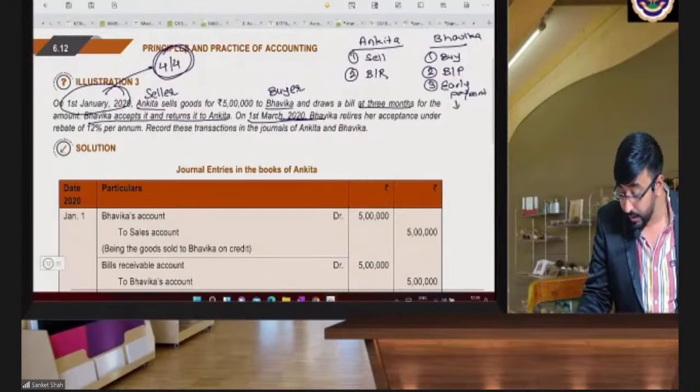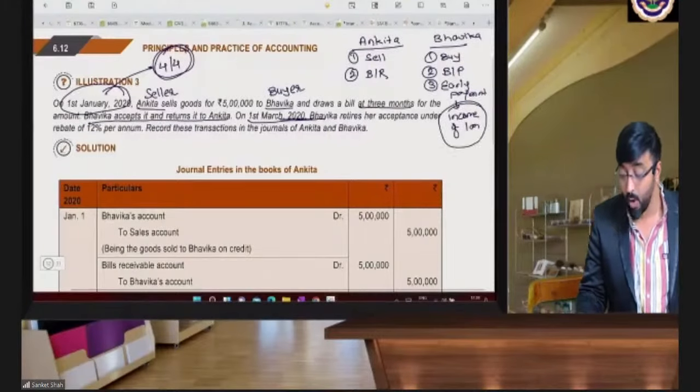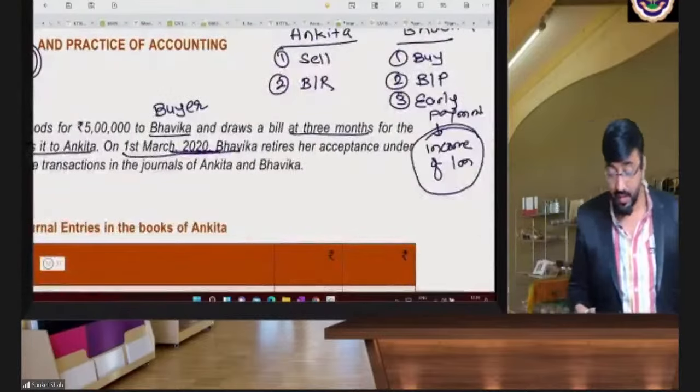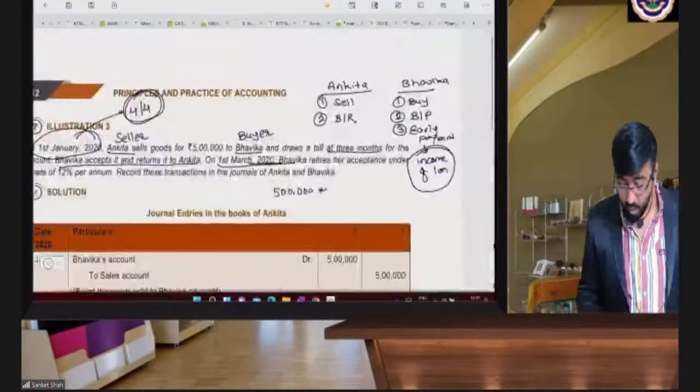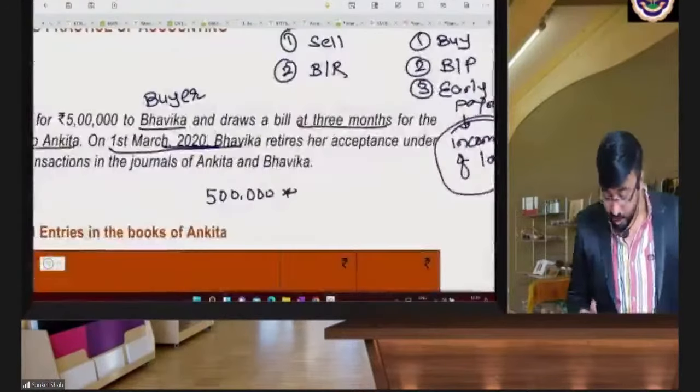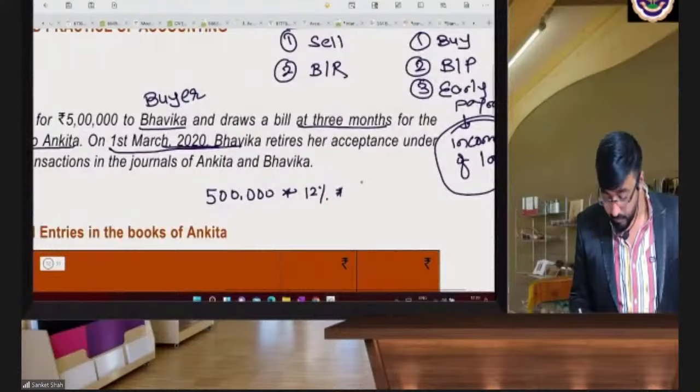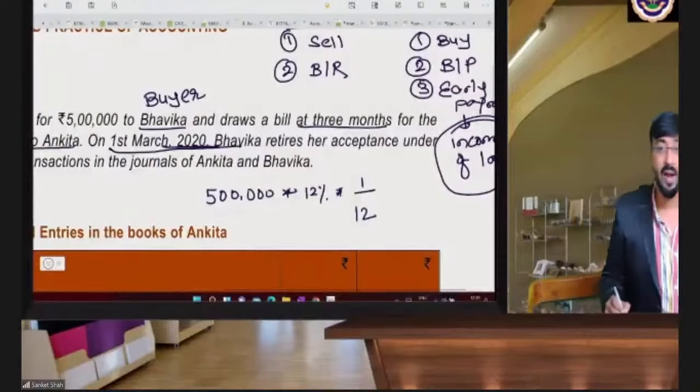So it's her income of 1 month. So Bhavika will have 1 month of income. So 5 lakhs. It is called early payment. It's 12%, 1/12.